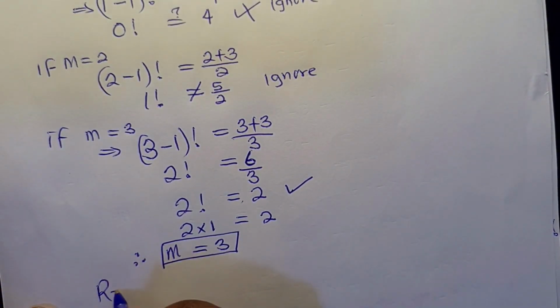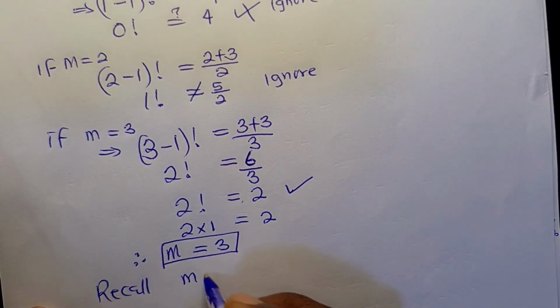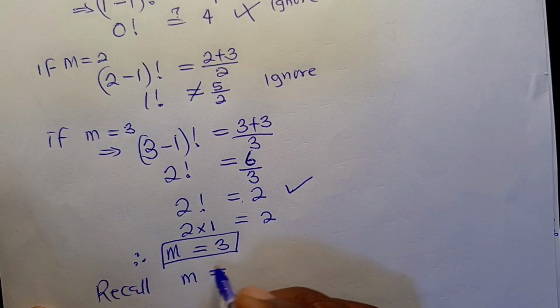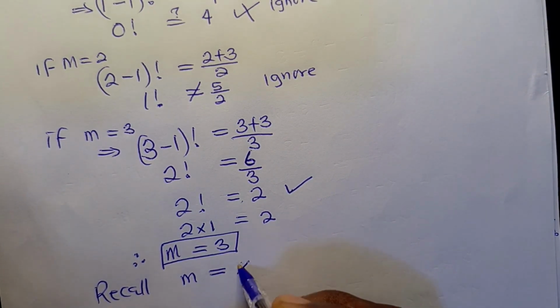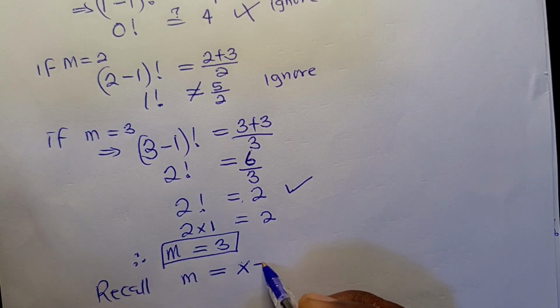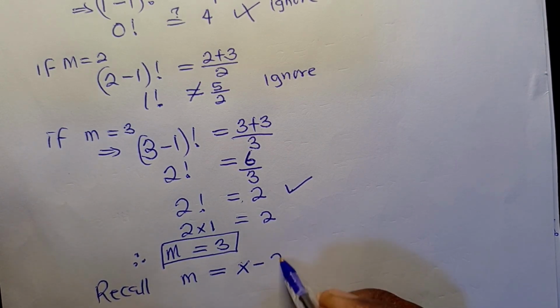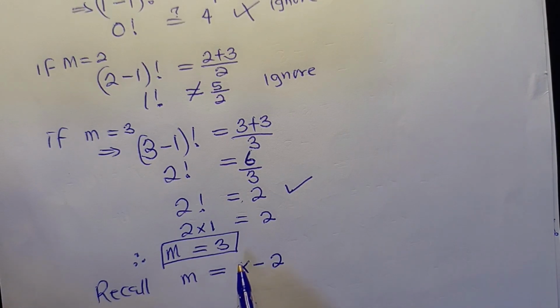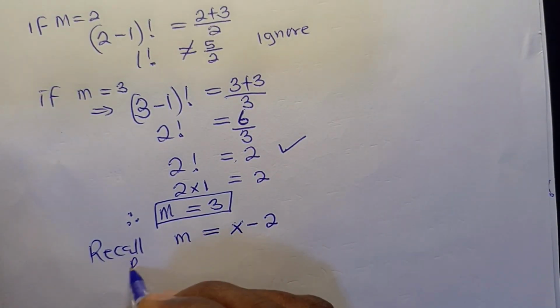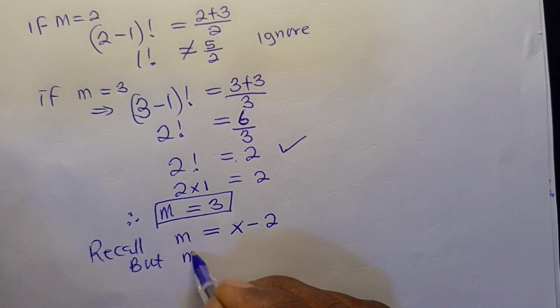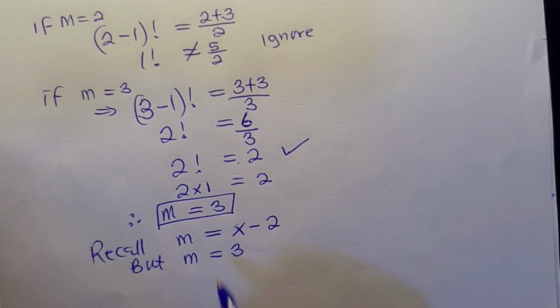Recall m was equal to x minus 2. That's what we found m to be. But our m is equal to 3.